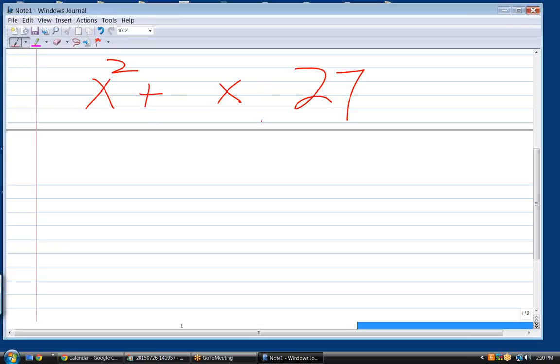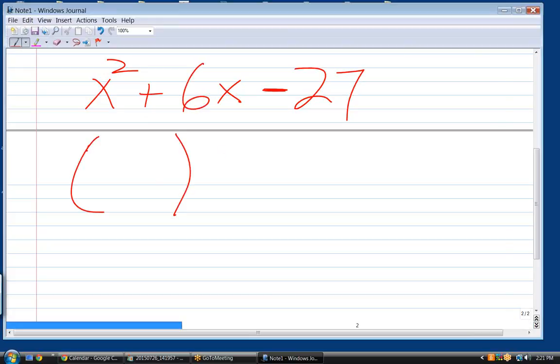Now let's change it to a minus. The only difference now is there's going to be a fourth step. First step, split it apart. So what should I write? x.